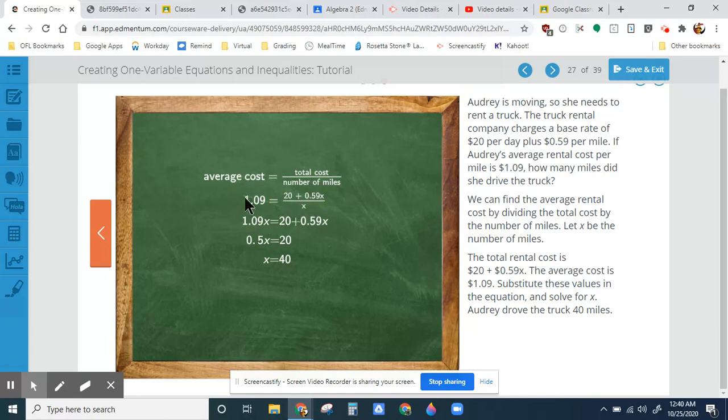This one's really easy. They just gave it to us. Then we're going to multiply both sides by x. We're going to put all x's to one side, and then we find out that at 40 miles they're equal, meaning that this one will start becoming cheaper if we go further than 40 miles. So this is a good way to start comparing, but notice that we're going to involve fractions now.